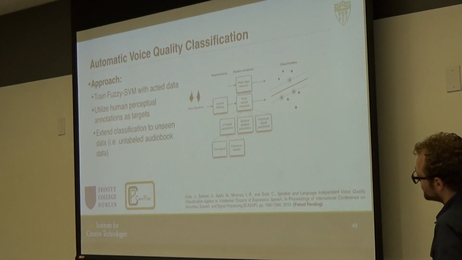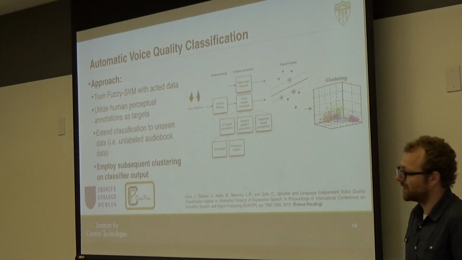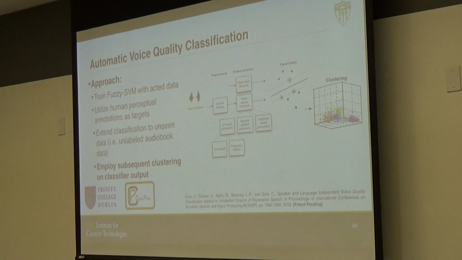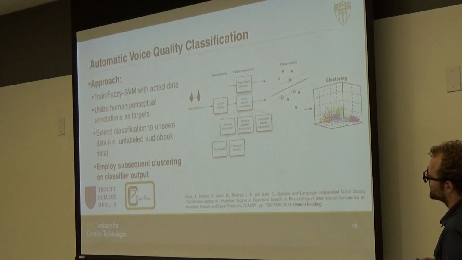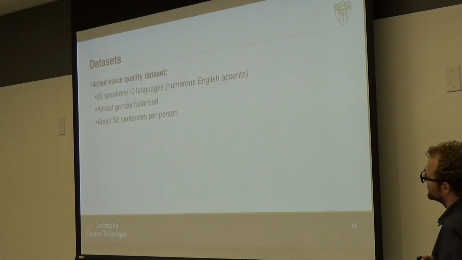And so we use audiobook data to train our classifier, to identify clusters of different voice qualities. We train our model on 20 speakers, 10 different languages, and about 50 sentences per person.